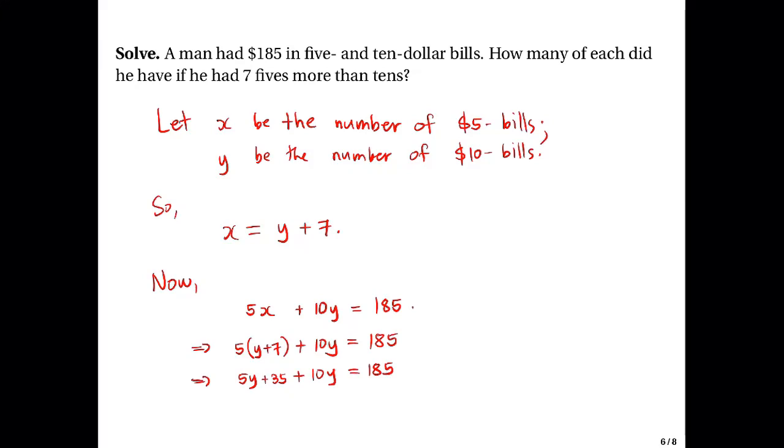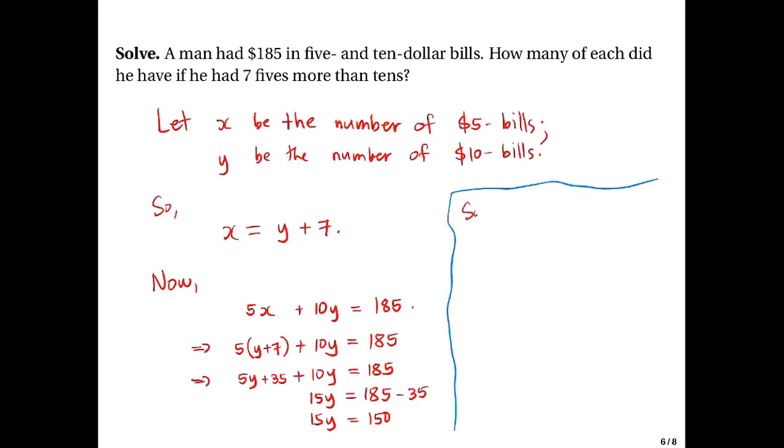And then we have here 5y plus 10y. That's 15y. And then we have 185. And then we put this 35 to the other side, so we have minus 35. And therefore, we will have 15y equals 150. So you have y equals 150 over 15, and this is equal to 10.